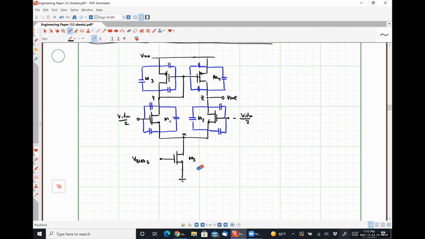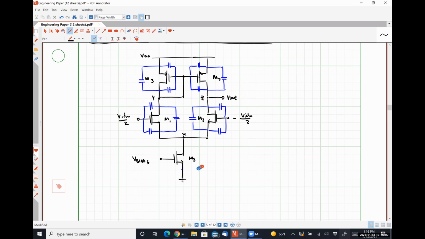That's only true, and I know this is going to sound weird, if we're at the low frequency portion of the high frequency spectrum. What I mean by that is this transistor is going to be big, which means those capacitances are going to be big. So they're going to look like open circuits for a really large portion of the frequency spectrum.